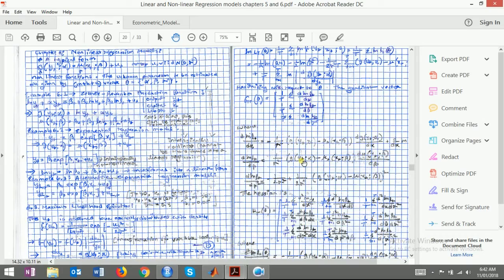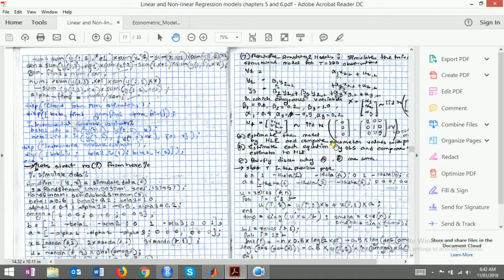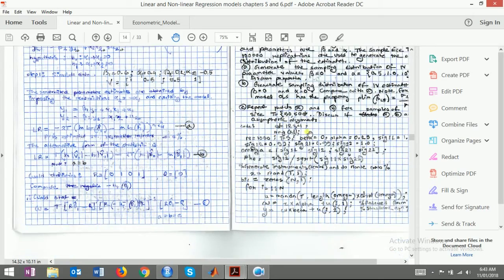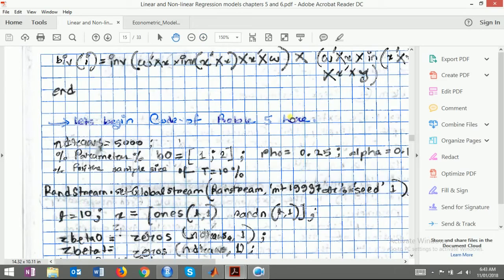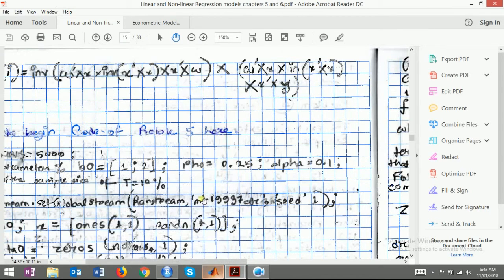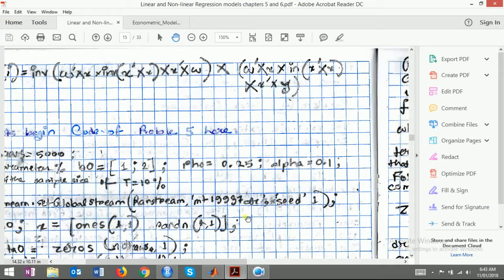The inverse of W transpose TMP1 W, the inverse of this thing, multiplied by W transpose TMP1 multiplied by Y. So TMP2 is the whole thing multiplied by Y, then the inverse of W transpose TMP2.